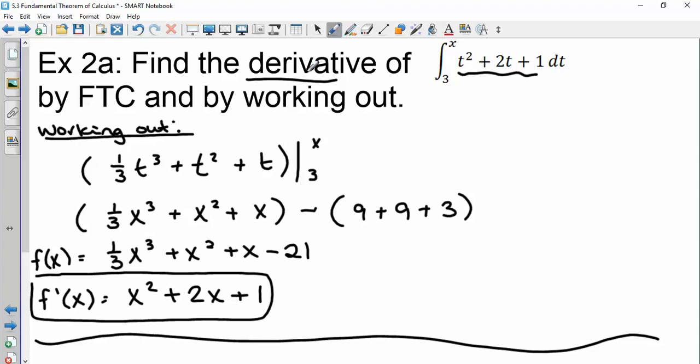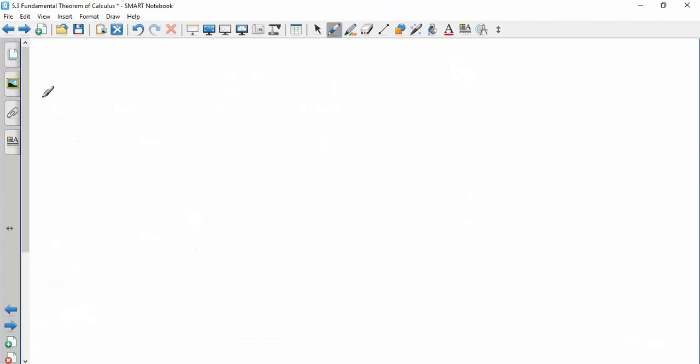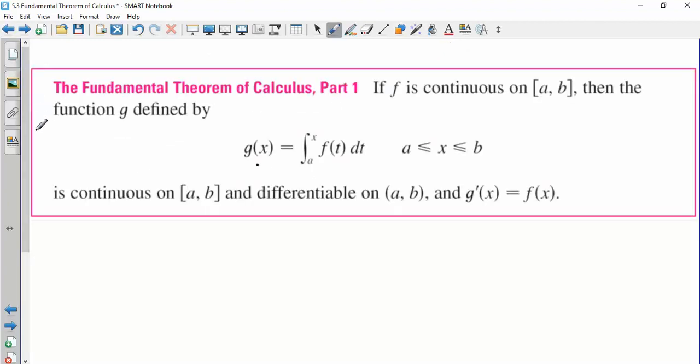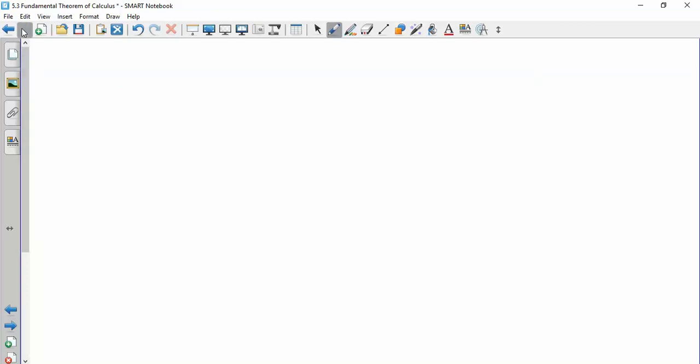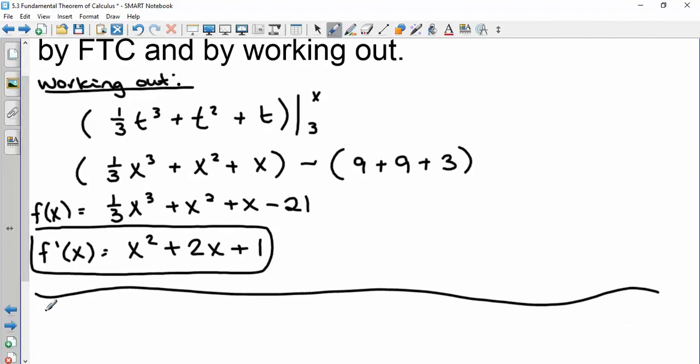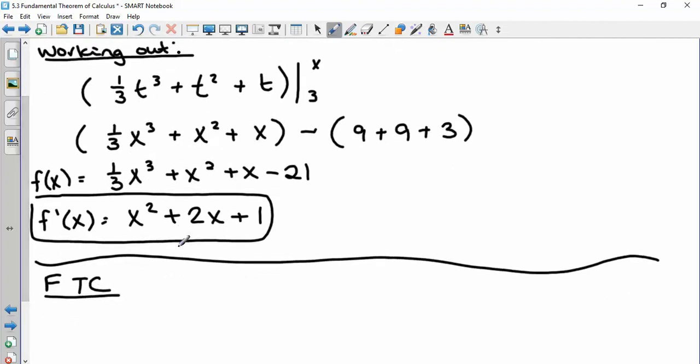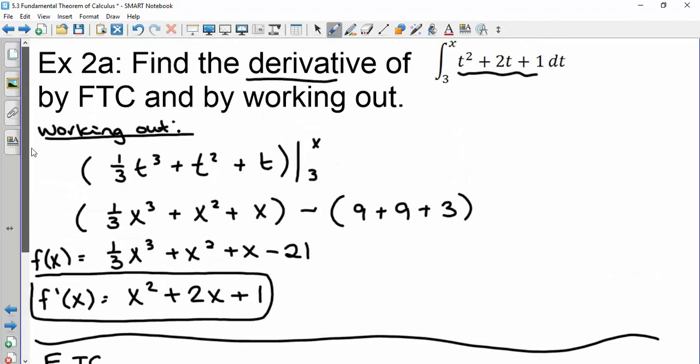A derivative and an integral are opposites of each other, so they should cancel each other out. That's what the fundamental theorem of calculus is telling us. That if I wanted the derivative of this, it is equal to f of x. So it's equal to this original function, but all you have to do is change your variable to an x. So by the fundamental theorem of calculus, if I want the derivative of the integral, I don't have to work anything out.